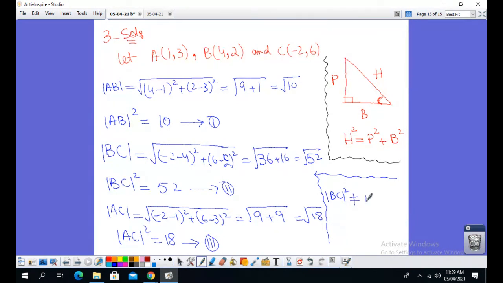The sum of the other two sides is AB squared plus AC squared. These are not equal to each other, therefore ABC is not a right angle triangle.